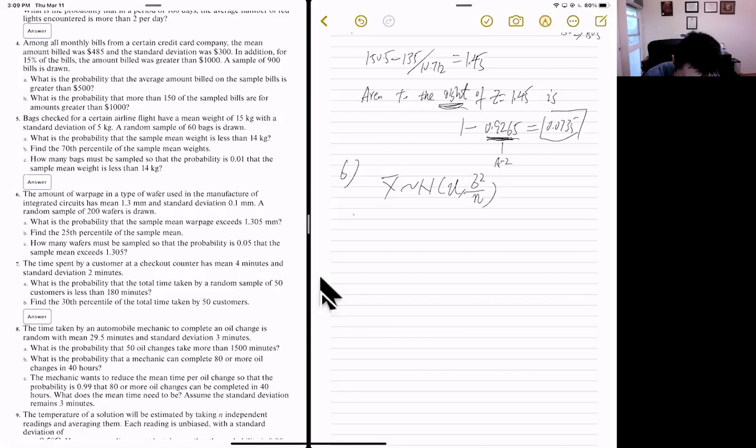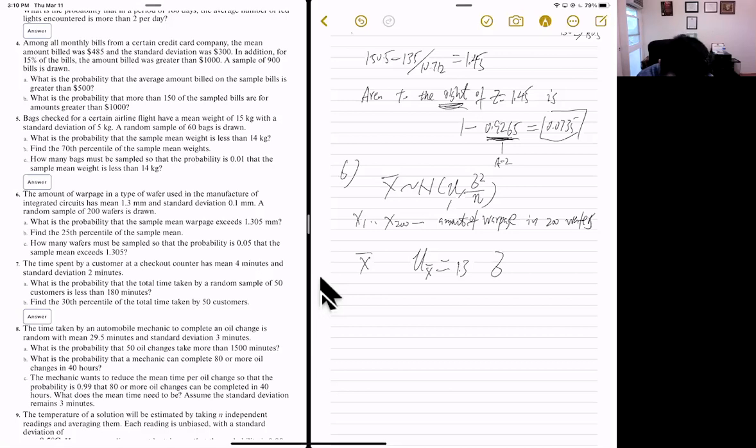So let's define x1 to x200 as the amount of warpage in 200 wafers. And then the mean value of these 200 wafers follows a normal distribution. The mean of the sample mean is mu, which is 1.3.